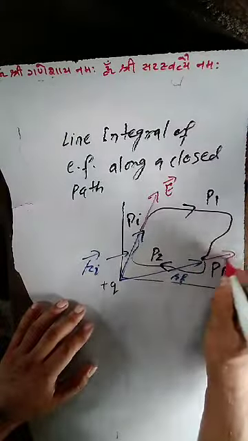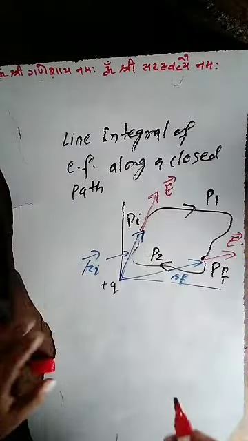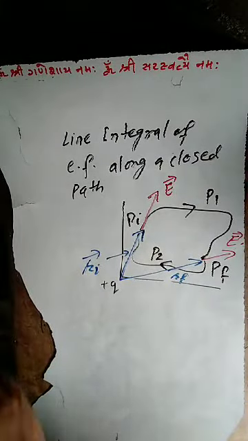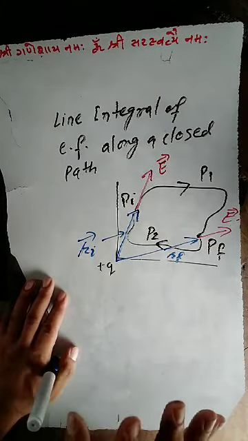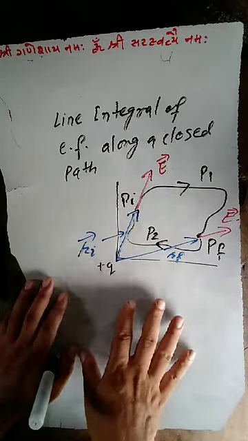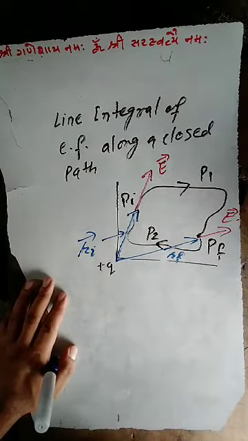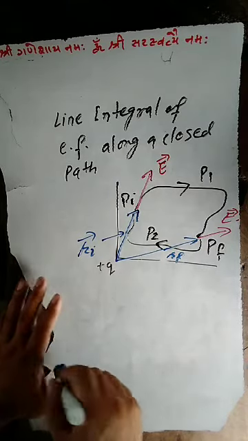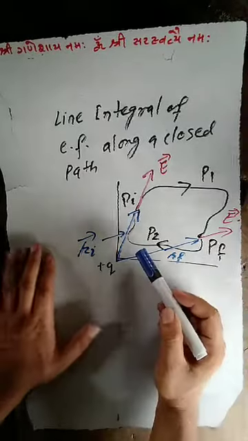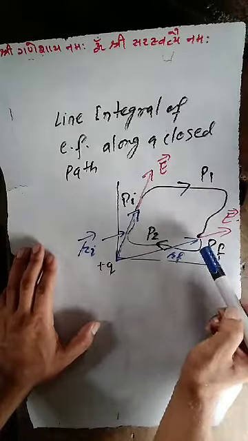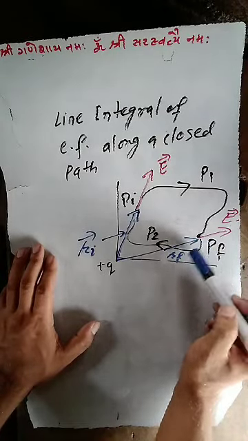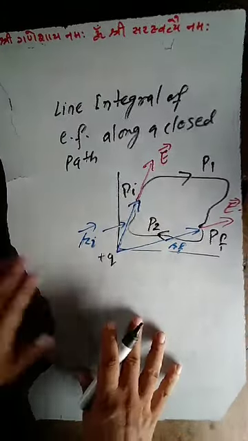Here this is the direction of electric field. We have just studied that the line integral of electric field along a path is independent of the path and depends upon its position vector. So first we will find the line integral along the path P1, and then we will find the line integral along the path P2.